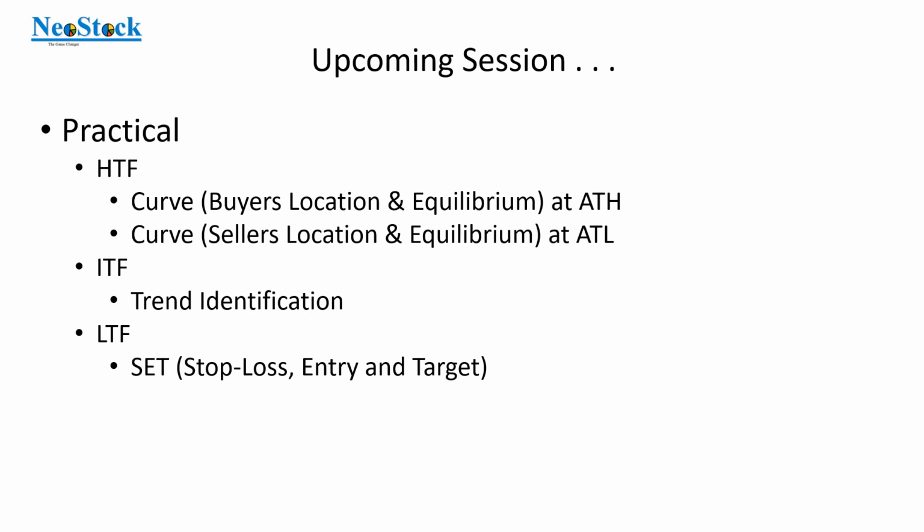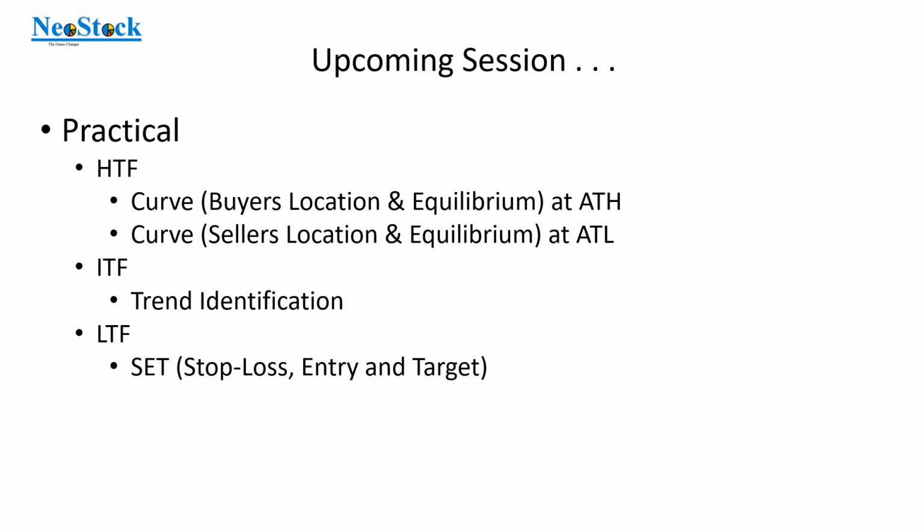So in the next session, it is a practical session for all-time high and all-time low scenarios. Especially for the HTF zone, we have to identify the curve. That means we have to identify the stocks at all-time high and all-time low. Now at present, the overall market is at an all-time high, the entire market.